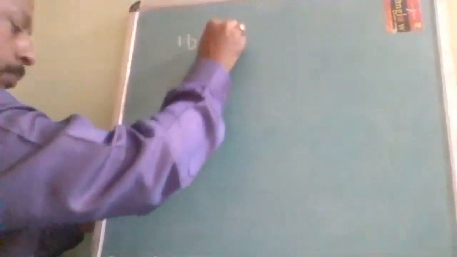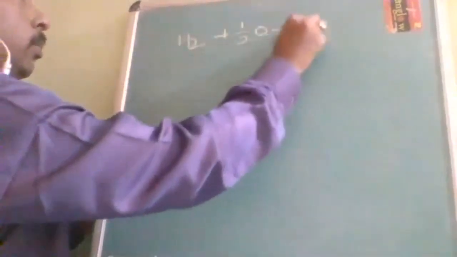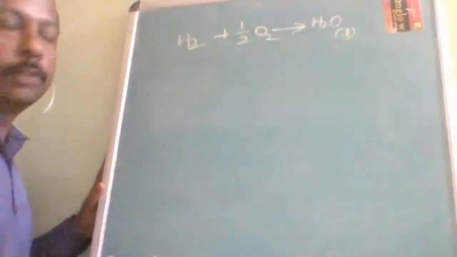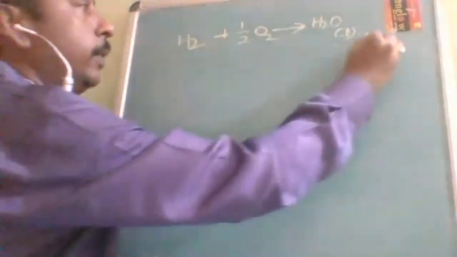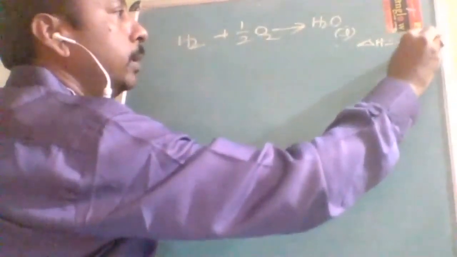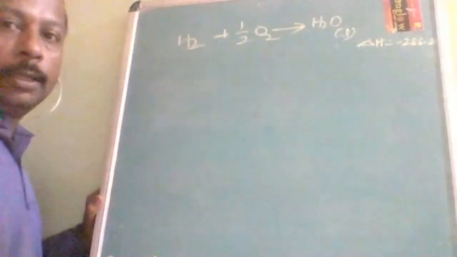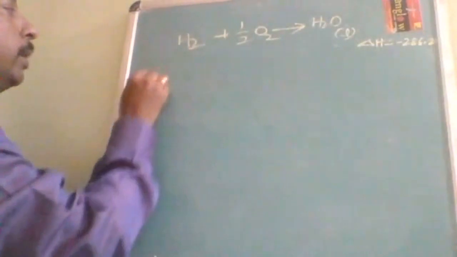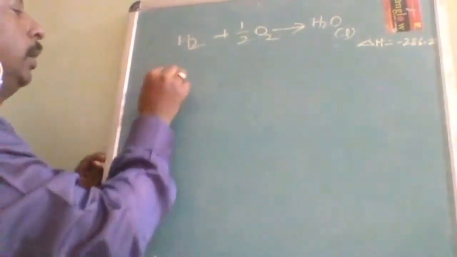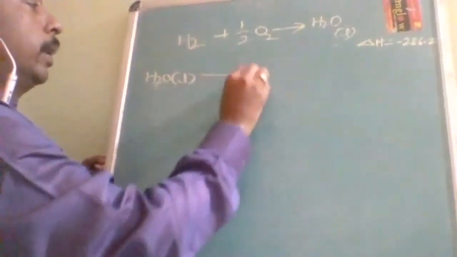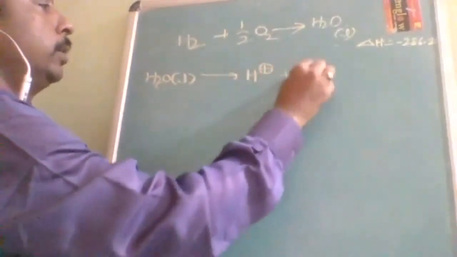H2 plus half O2 is equal to H2O, in liquid form. For this reaction, delta H is given as minus 286.2. And there is another reaction given: H2O liquid gives H+ plus OH minus.